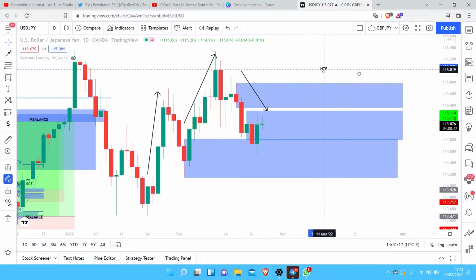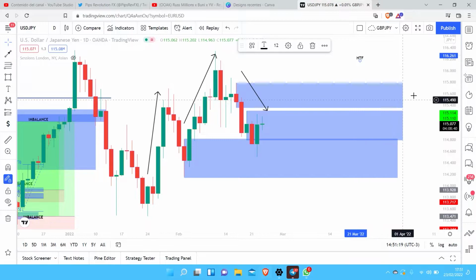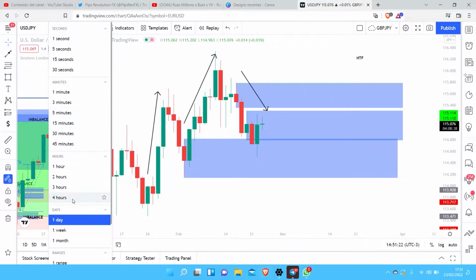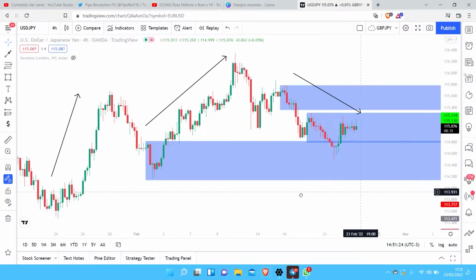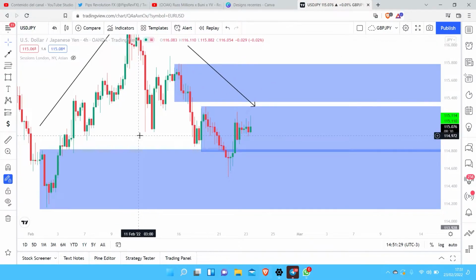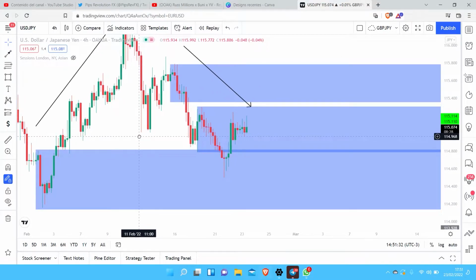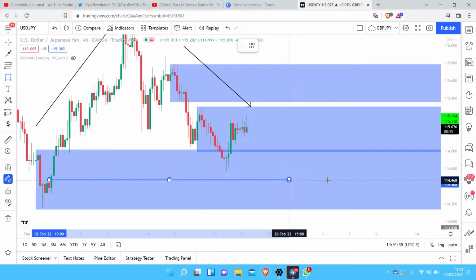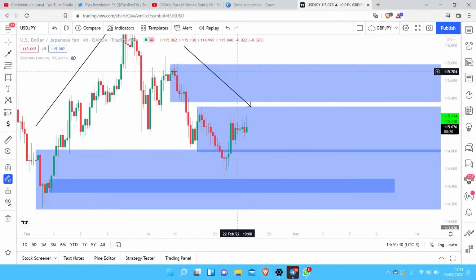In this case I'm choosing the daily time frame, and then we will take a closer look at the 4-hour time frame. In this time frame I can see that I have this order block. Don't forget that you have to see order blocks and liquidity areas in each time frame, and this will give you a much better perspective of the market, because we will be more precise in terms of areas.